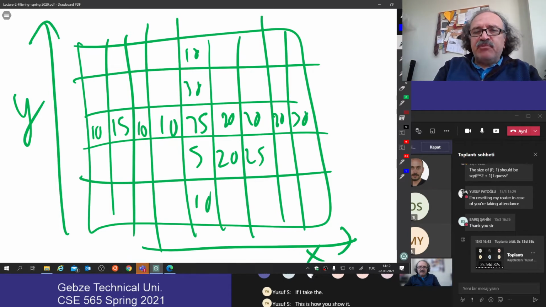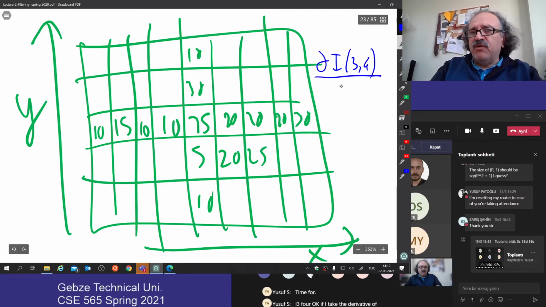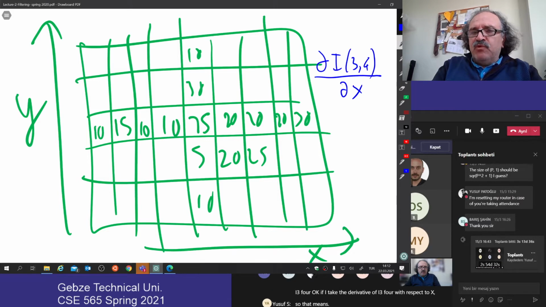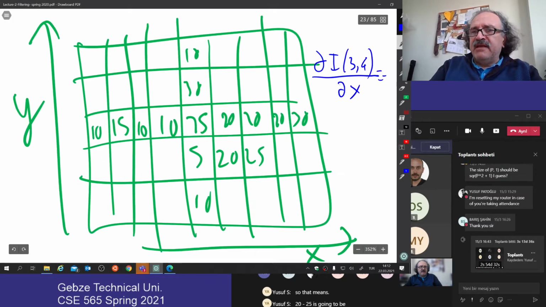Let's say this point is 1, 2, 3, and 4. I, 3, 4. If I take the derivative of I34 with respect to x, that means 20 minus 25 is going to be minus 5, right?